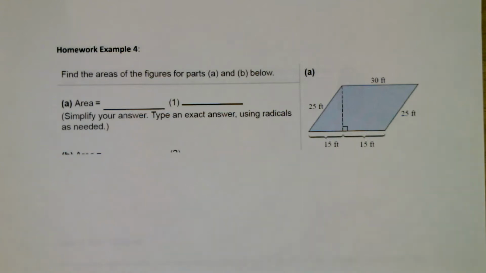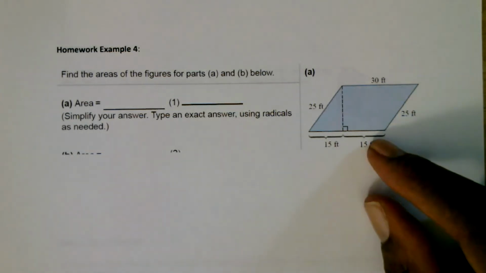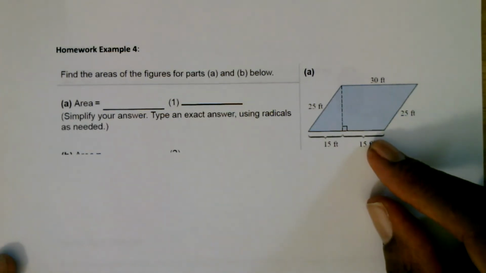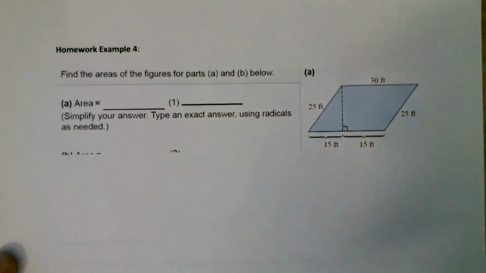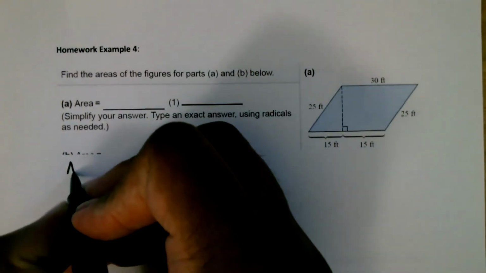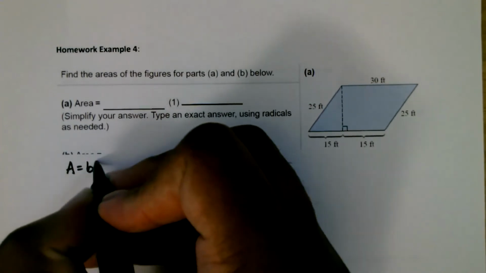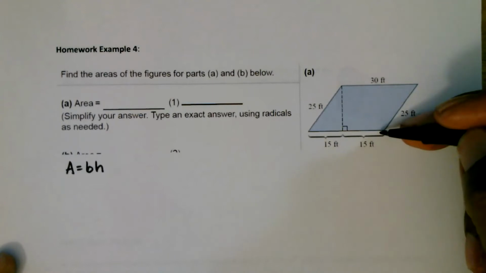Now in part A, we've got this parallelogram right here, and we want to find the area. Of course, if you recall, the area of a parallelogram is always going to be the base times the height. We already see what the base is.